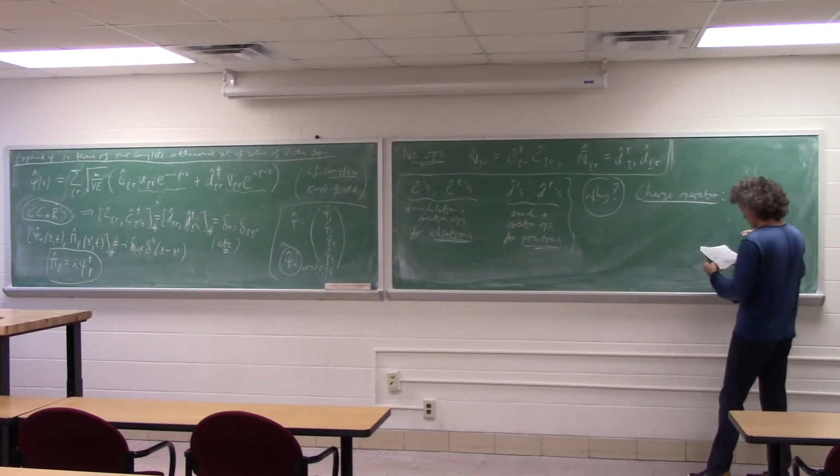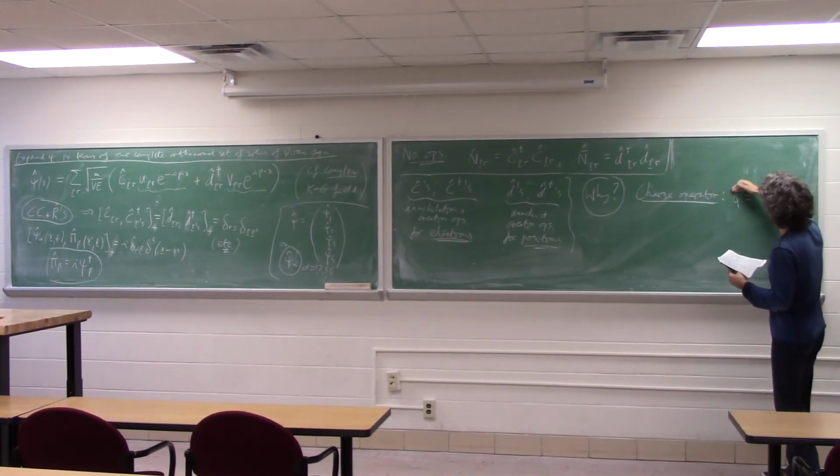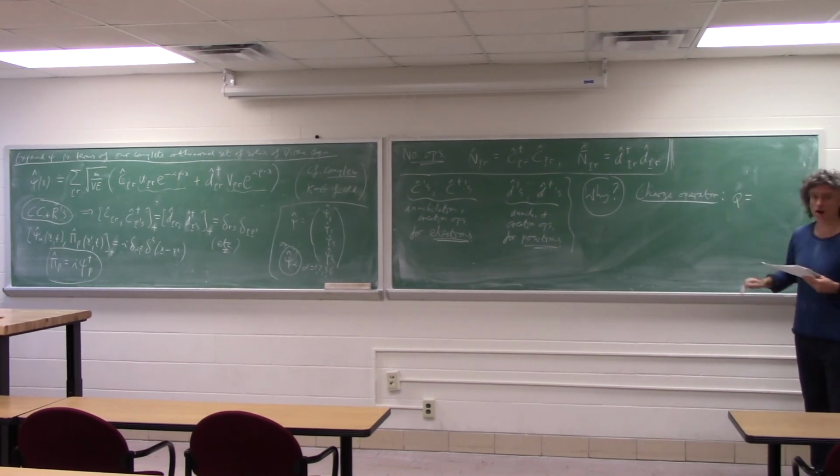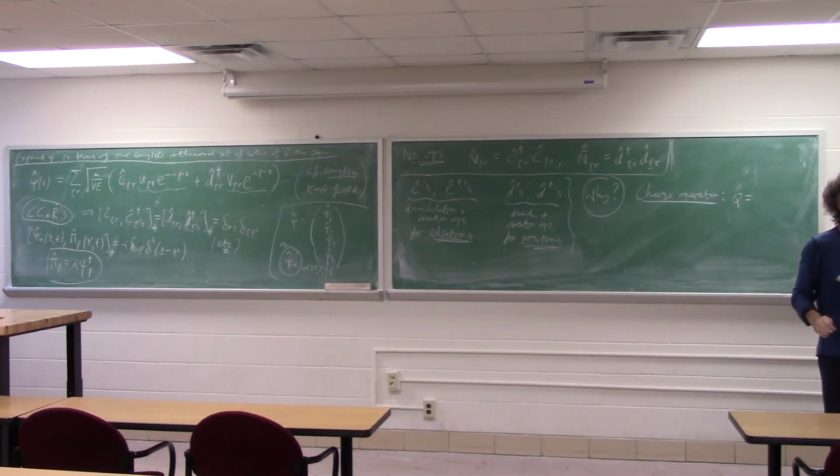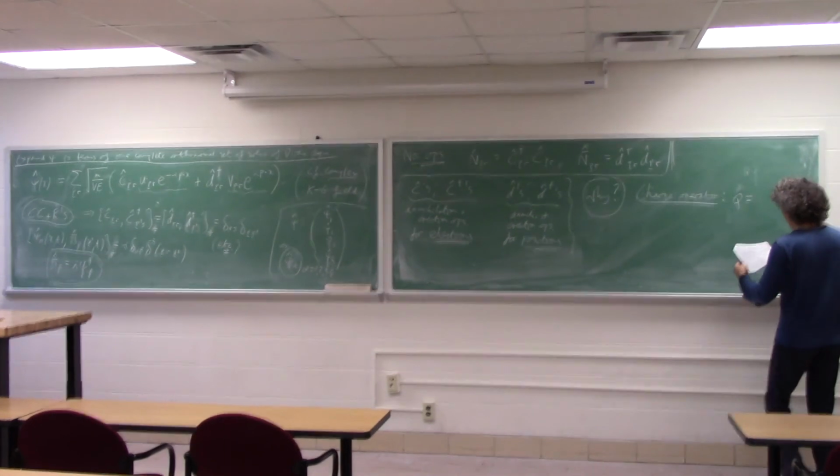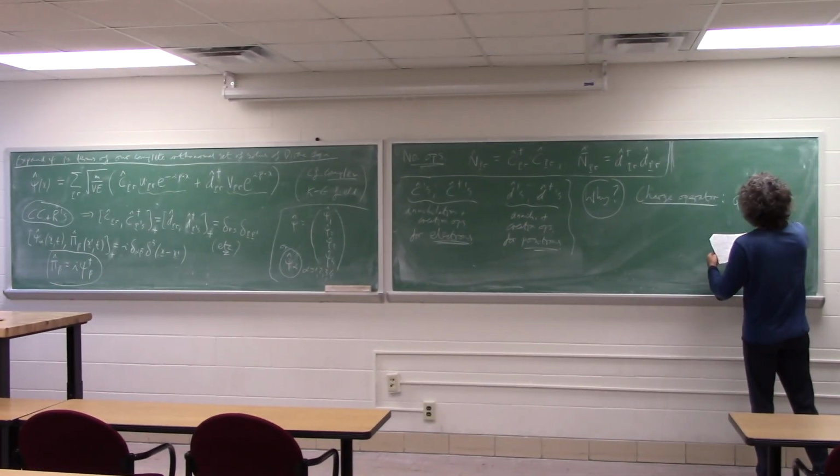Remember when we were looking at the classical theory, just think how advanced you are, how far you've come. The Lagrangian density for the Dirac field has a phase invariance that implies a conserved charge from Noether's theorem, which we wrote down.